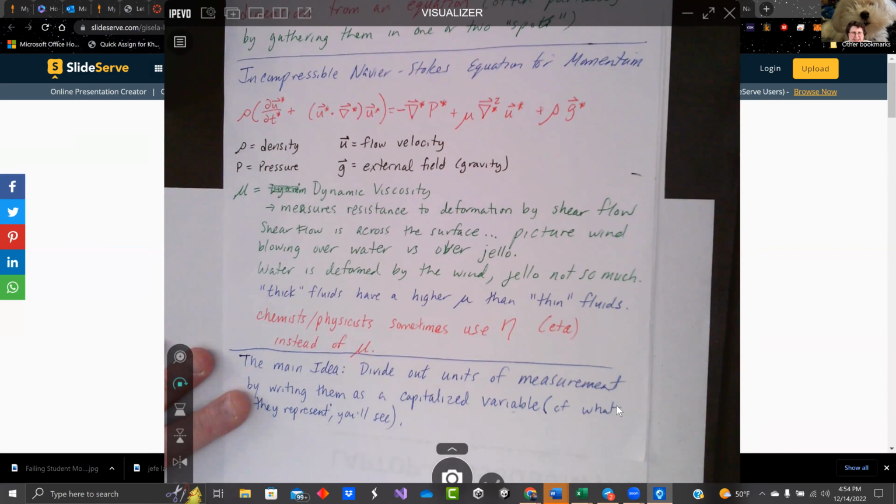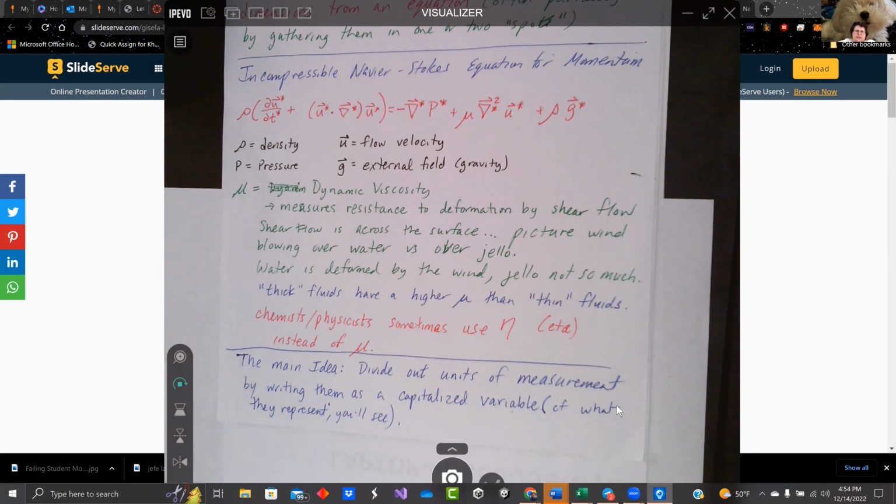The more thick it is, the higher the mu is. We use mu in mathematics. Sometimes chemists and physicists use eta instead of mu. The main idea is to divide out the units of measurement, and we're going to do that by using a capital variable, as we'll see in a second.